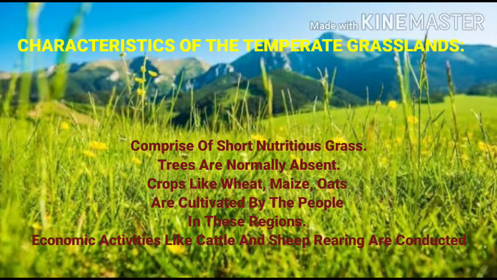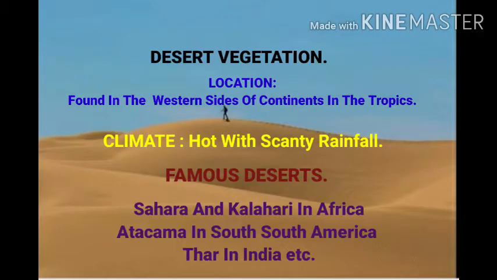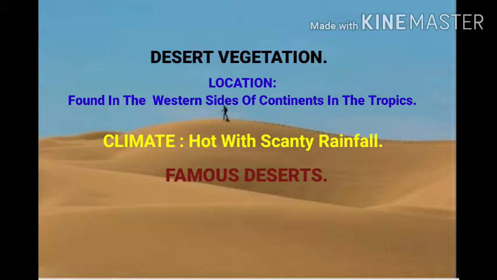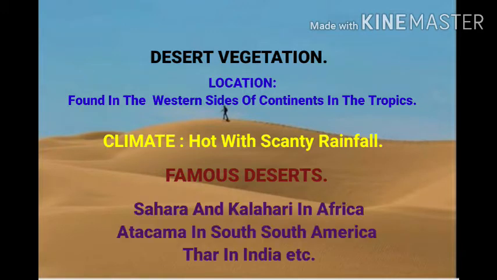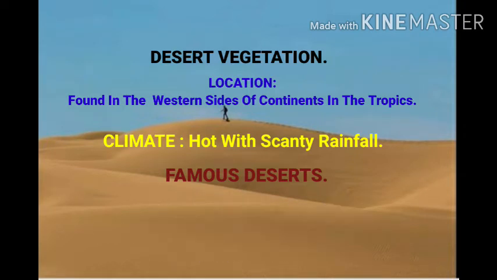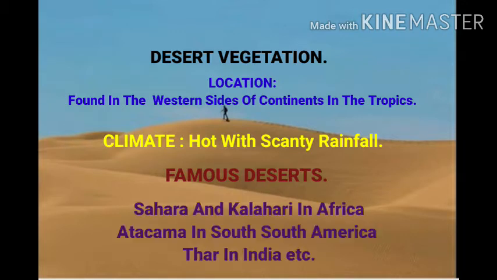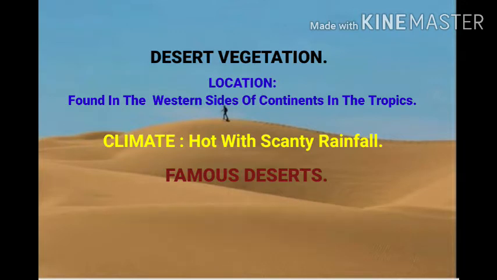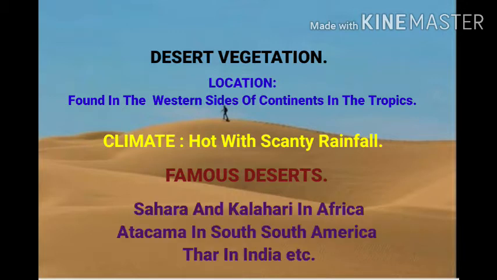Let us now understand about the type of vegetation and plant growth in the desert areas. The deserts are usually located on the western sides of the continents in the tropics. A desert can be referred to as any large and extremely dry area of land with sparse vegetation.